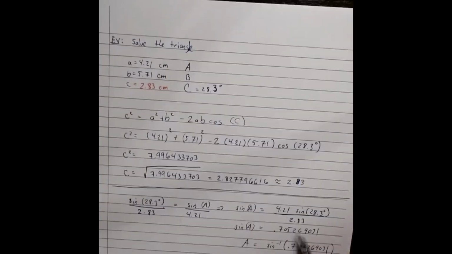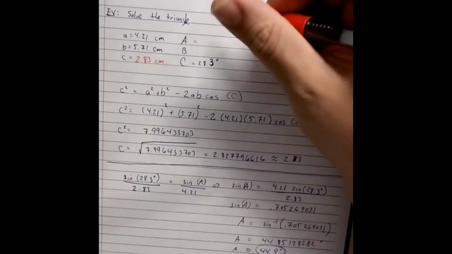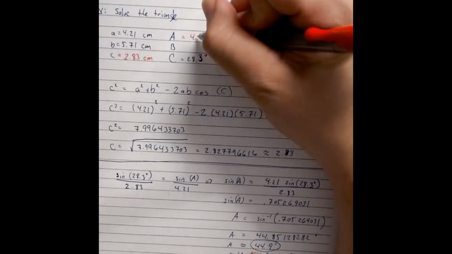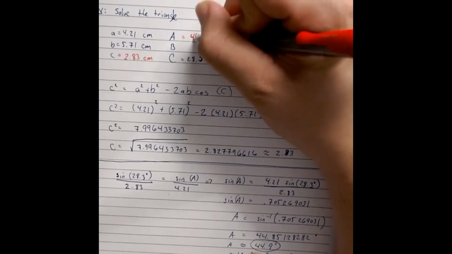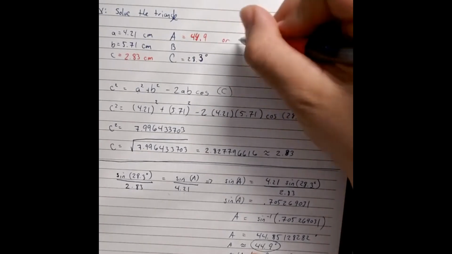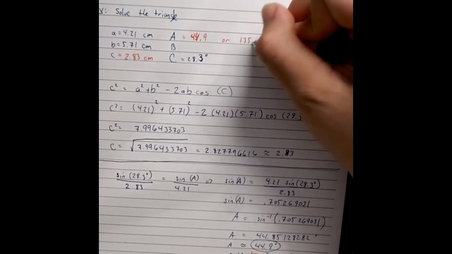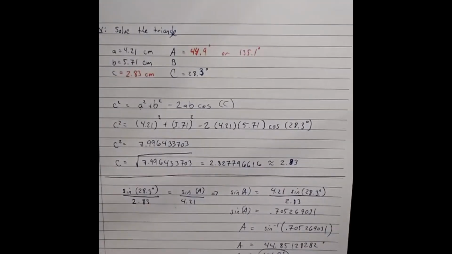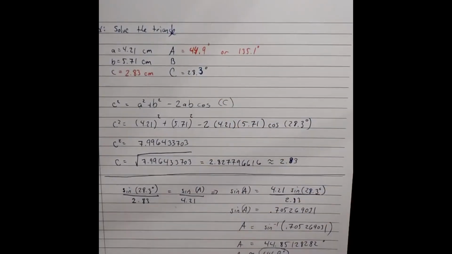So let's go ahead and write that out. Here we could say A is equal to 44.9, or it could be 135.1. Both of these hypothetically are possible. Okay, so now let's figure out what our third one is. Here, we don't need to go through the law of sines or cosines or anything else.